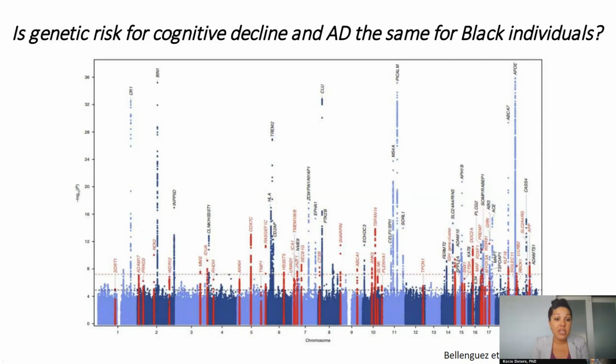So the question is, how do these risk factors, not only the biomarkers shown on the previous slide, looking at amyloid, tau, and neuropsychological assessments, but also genetic risk factors, how do those trajectories look in the Black community, considering what I've shown you so far in the past two slides were identified in white people?